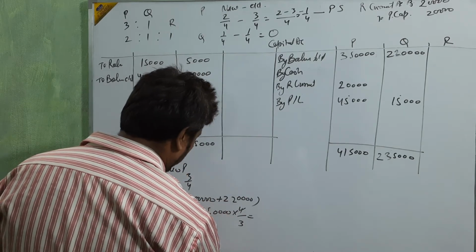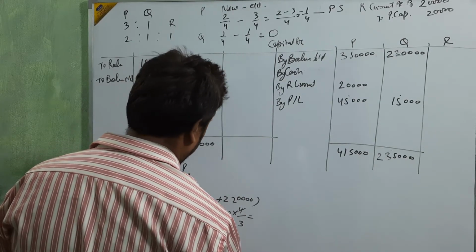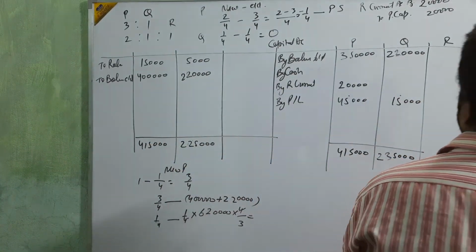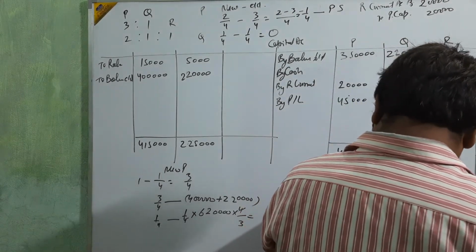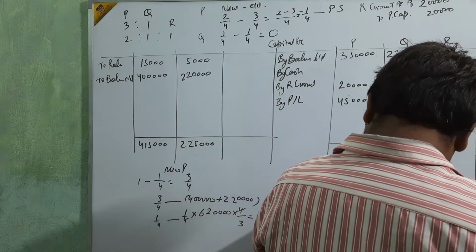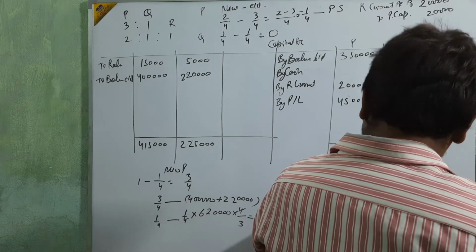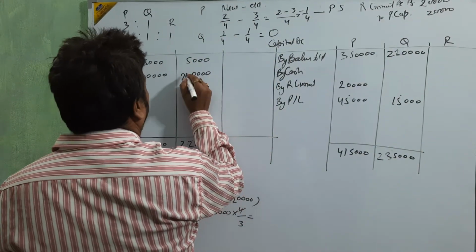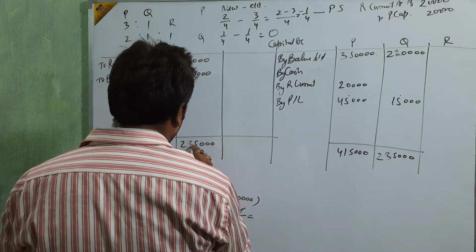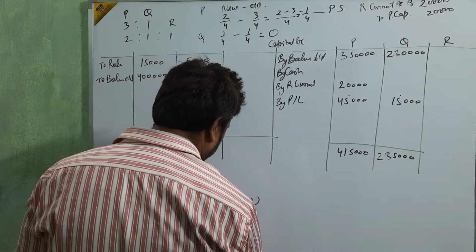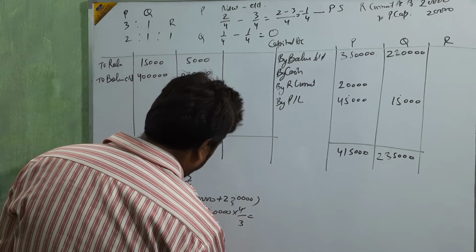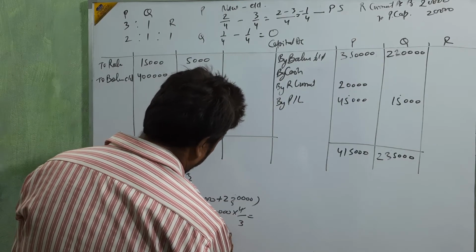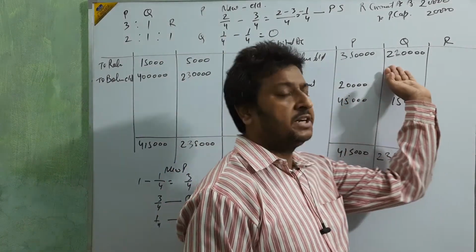Then change this amount to 35. Wrong amount was actually entered here in the capital.